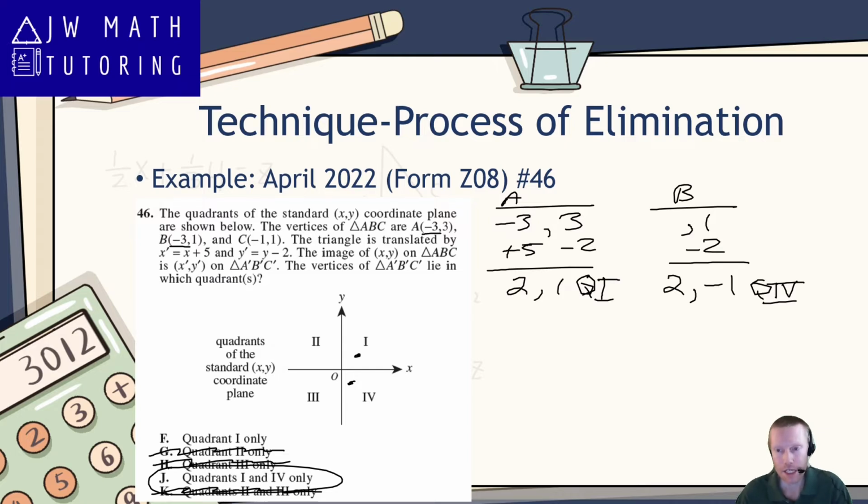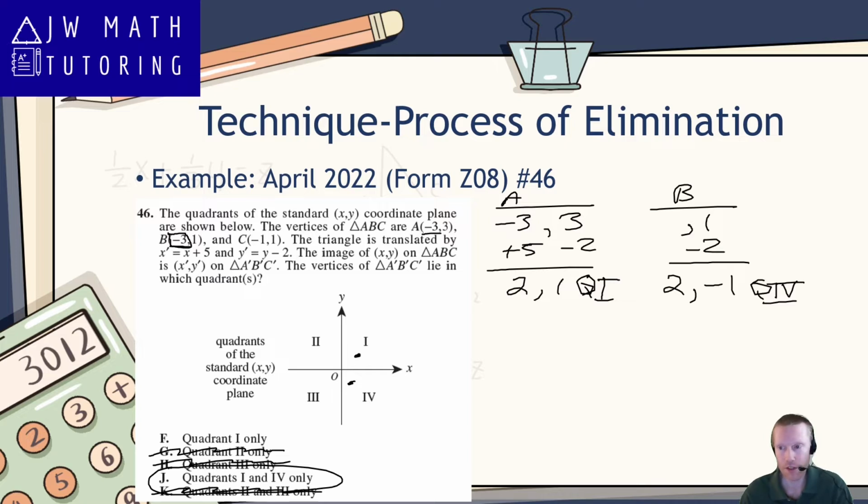So the key elements here for process of elimination are, 1, you don't need to check the x-coordinate of point B because we already checked it. It's the same as point A, so don't spend time doing that. 2, eliminating some of the wrong answers after we checked the first point right away to narrow it down to 2 possible answer choices.